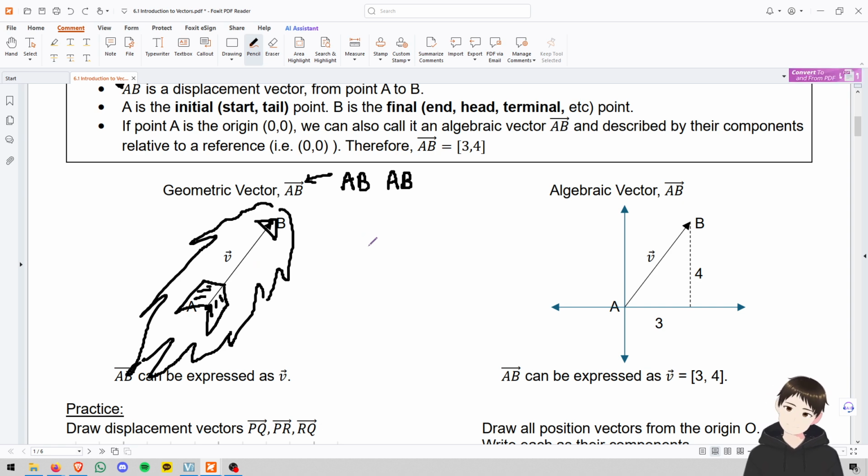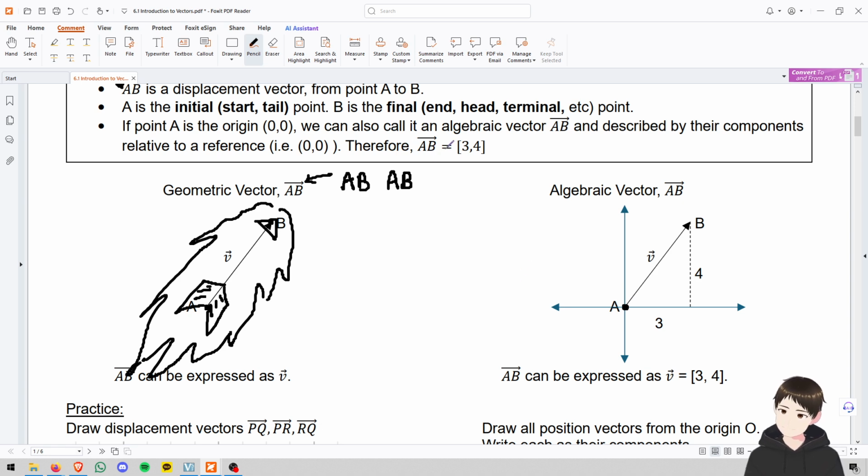And so why not introduce some numbers? Geometric vectors can be written as algebraic vectors by pretending the tail of your vector is located at the origin 0, 0, or just some reference point.